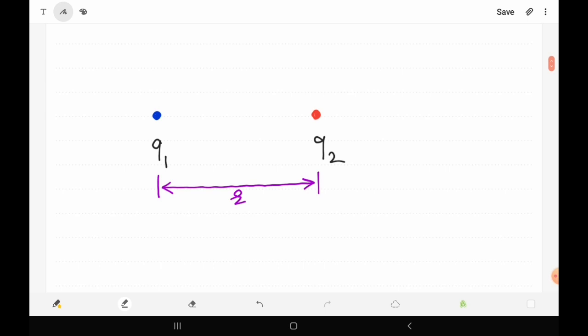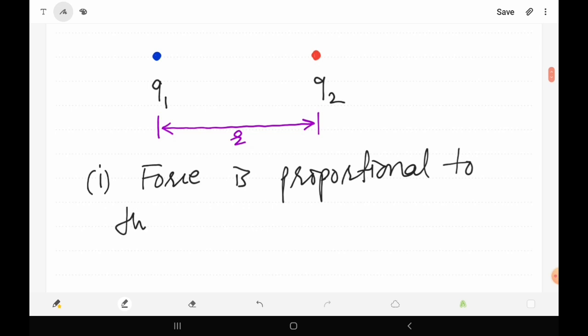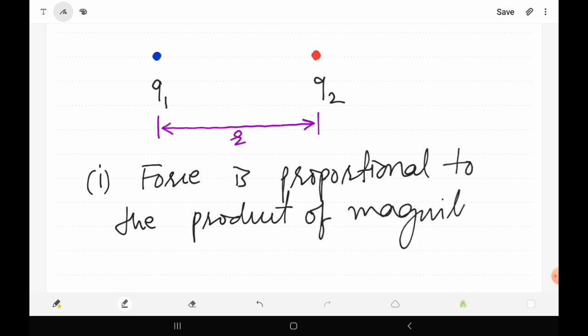The first thing to note is that the force between two static charges is always proportional to the product of the magnitude of charges.